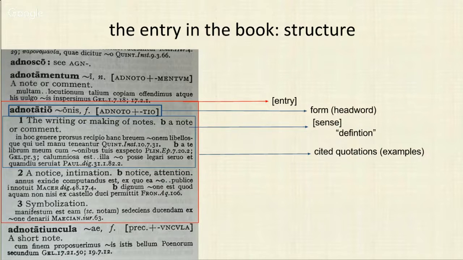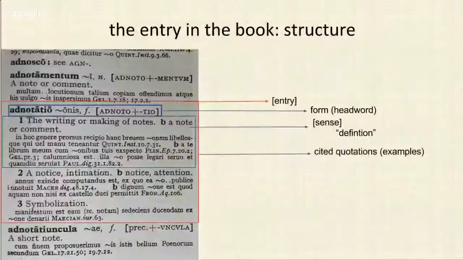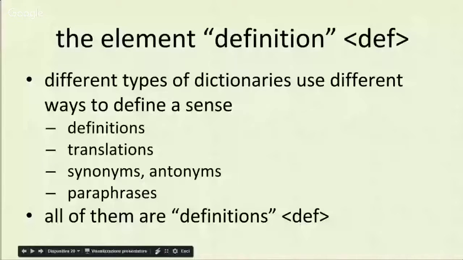Now, this basic structure, an entry as a whole, and then the form, the senses, their definitions, and some examples, is the basic structure of a dictionary entry also in TEI. Let me say more about definition. Different types of dictionaries use different ways to define a sense.